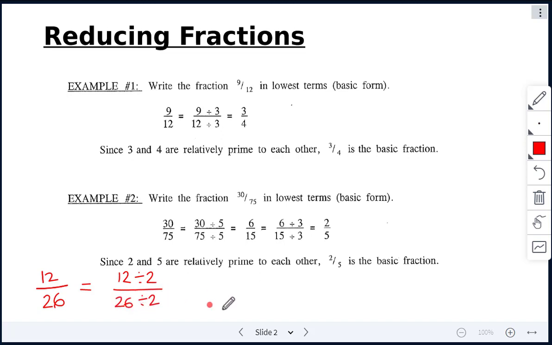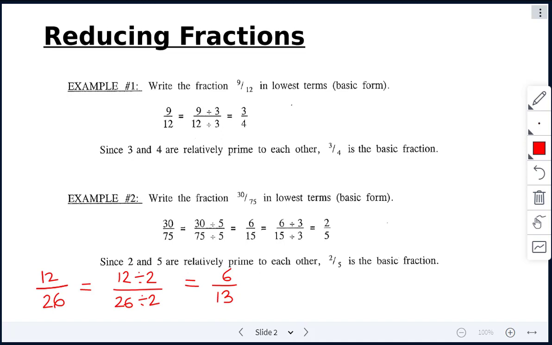So I'm just showing that as a step in between. And then we end up with 12 divided by 2 is 6. 26 divided by 2 is 13. All right, 13 is already a prime number, so it's not divisible anymore. So we have to stop here. Our answer is 6 over 13.